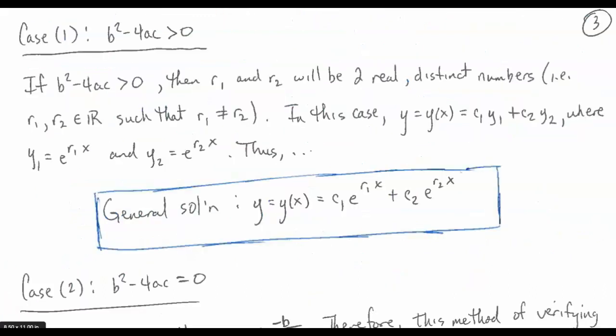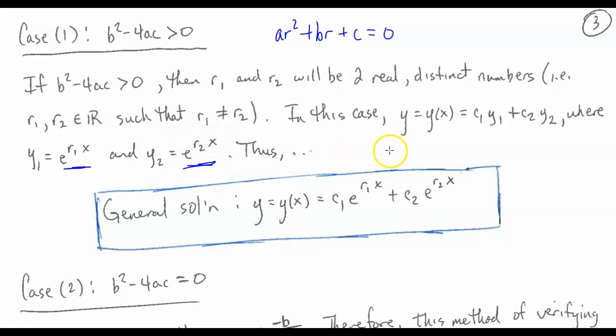So case 1 is the easiest case, and since we have two real distinct numbers as roots to the quadratic equation ar squared plus br plus c equals 0, we can just use the fact that e raised to the r1x and e raised to the r2x are both solutions.